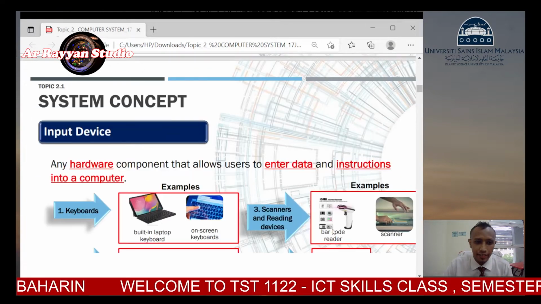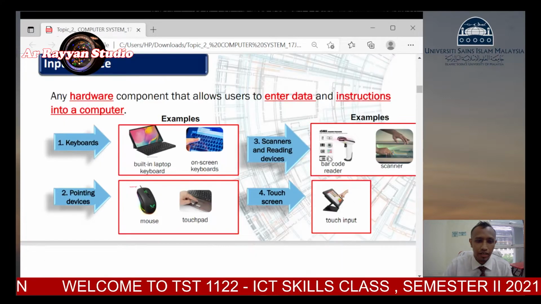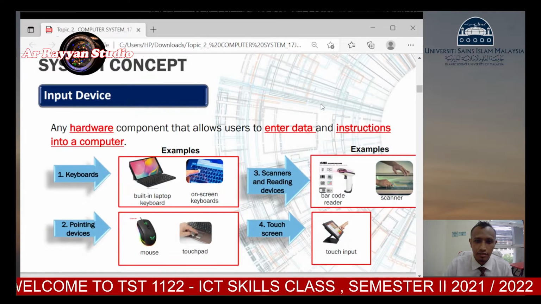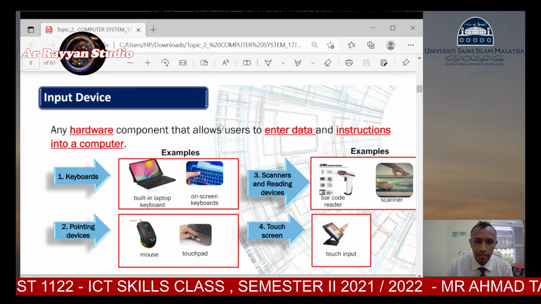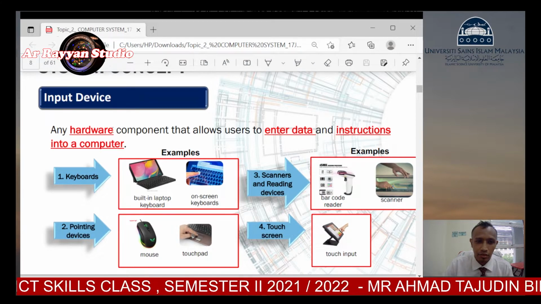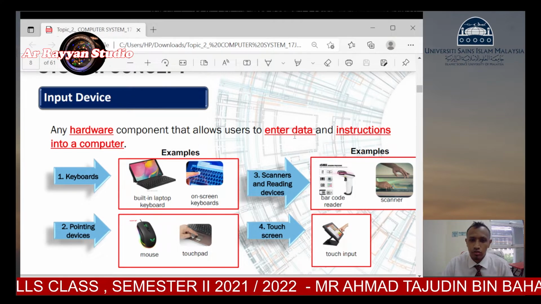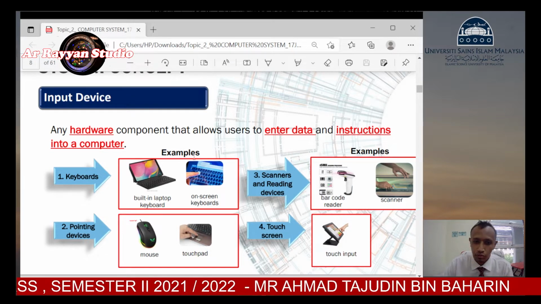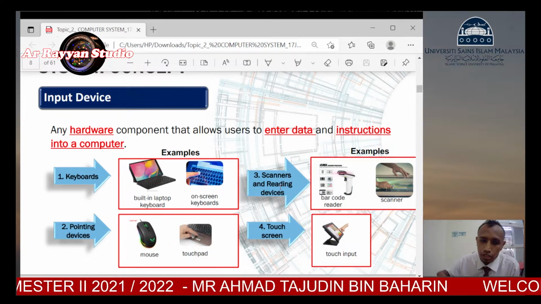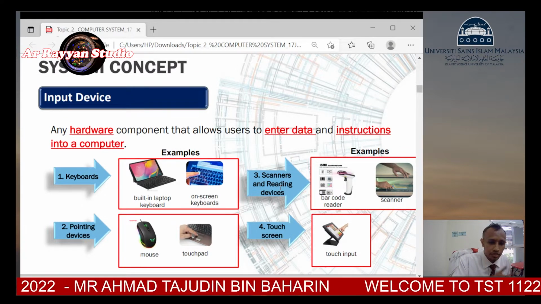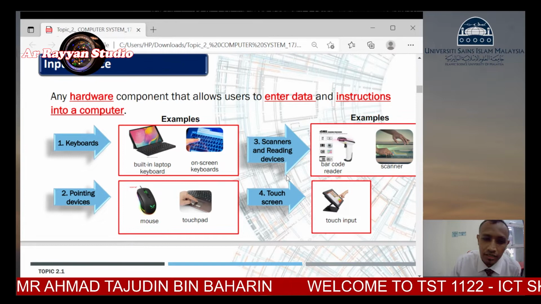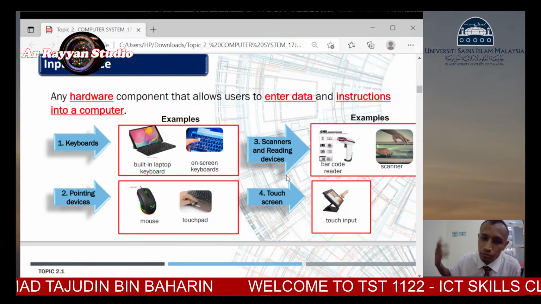Alright, next we go for input device. So this is an easy one. So you can name it, what is the input device? So any hardware component that allow user to enter data or instruction into the computer. Example, keyboard, pointing device, mouse, scanner, touch screen. What else? Example of input device.